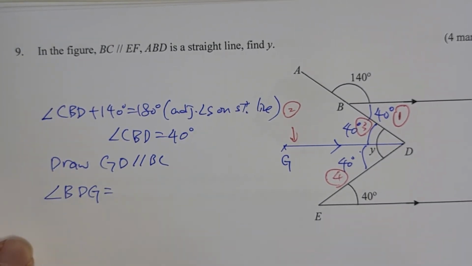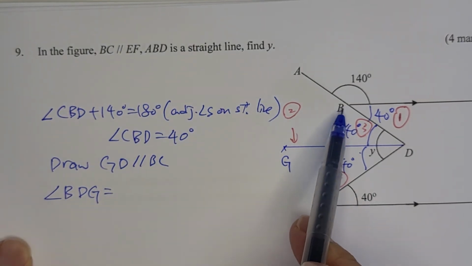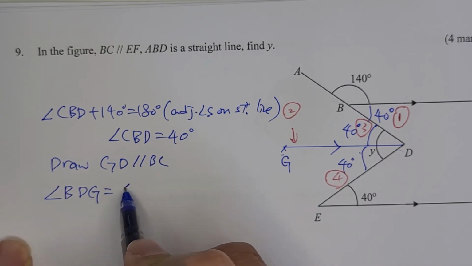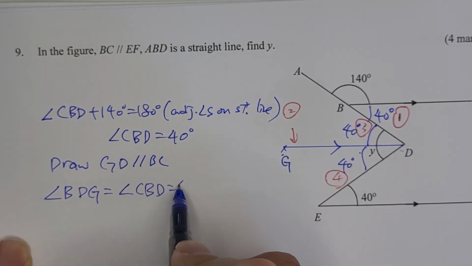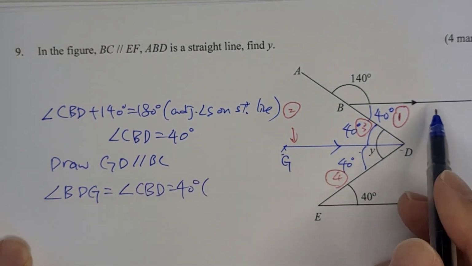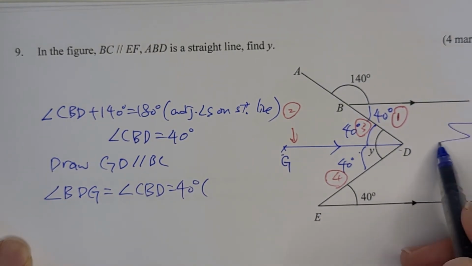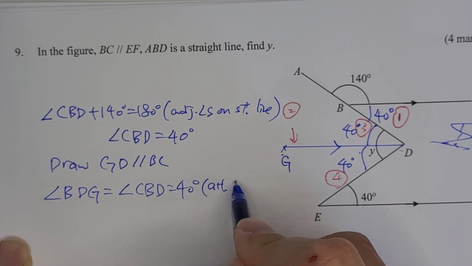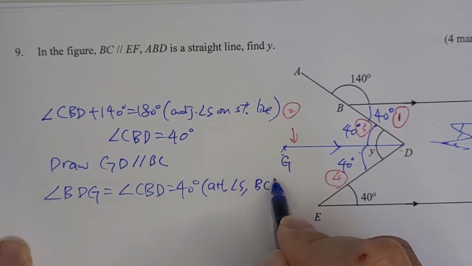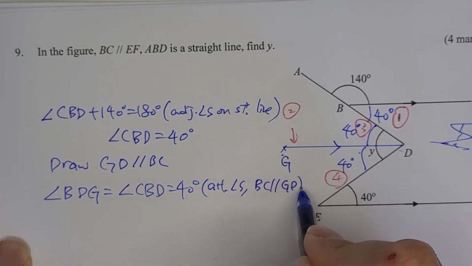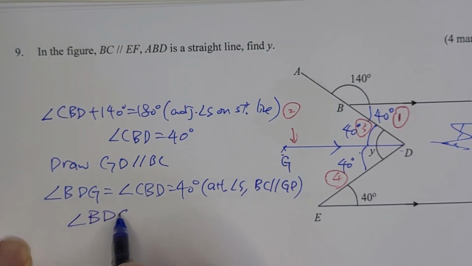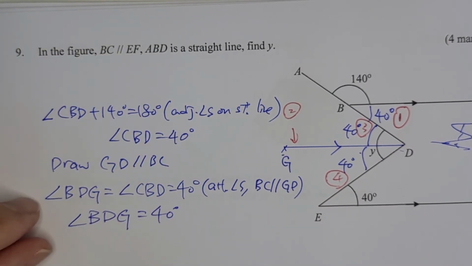Angle BDG equals angle CBD equals 40 degrees. Reason, alternate angles, that's a Z shape, okay? Z shape. Alternate angles, BC parallel GD. Therefore, angle BDG equals 40 degrees.